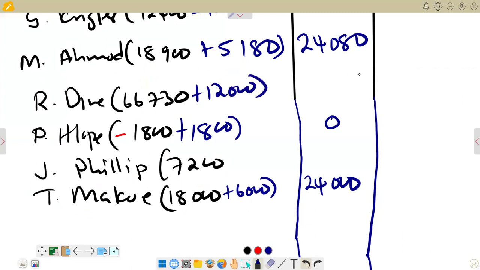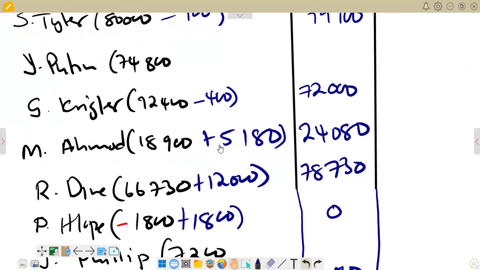If you add 12,000 there, you're going to get 78,730. Then we also go to Y Putin, where it is going to be a subtraction of 12,000, and you're going to get 62,800. Right. So this is what we have.